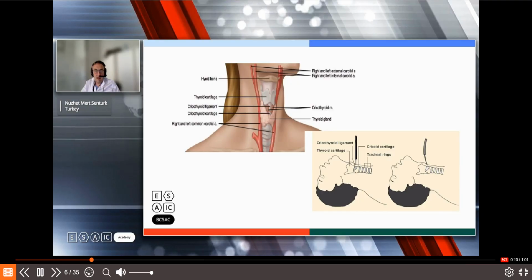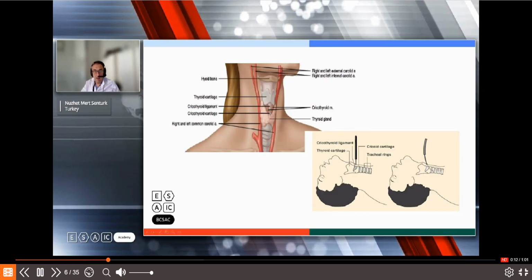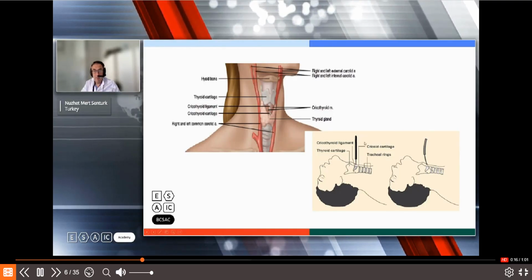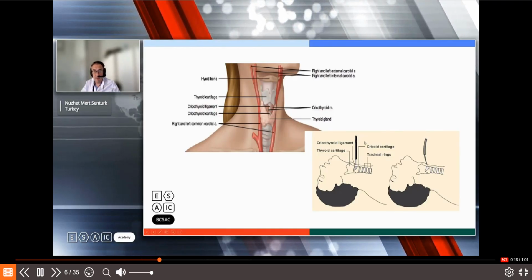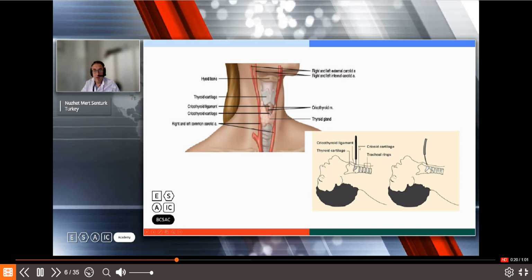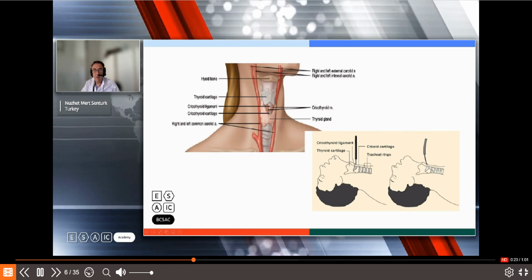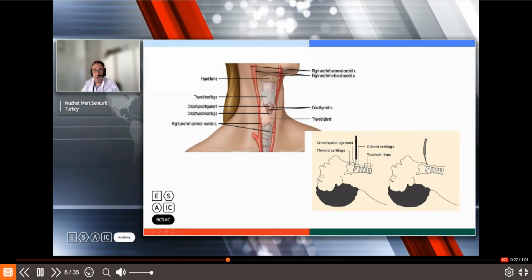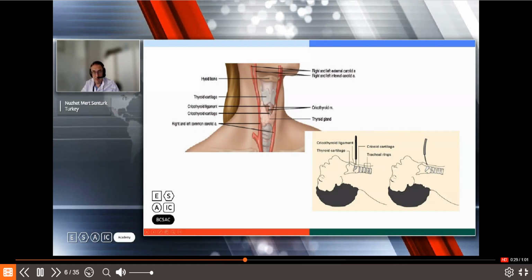Among these cartilage and ligaments, the cricothyroid ligament is especially important because in emergency cases, we perform the cricothyroidotomy through this cricothyroid ligament, which is between the thyroid cartilage and the cricoid cartilage.